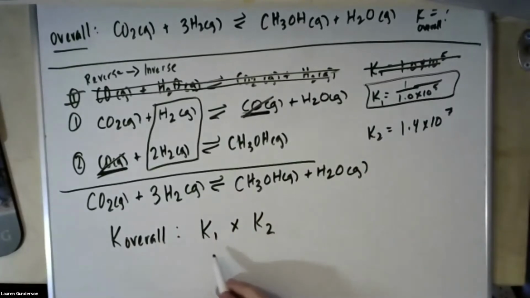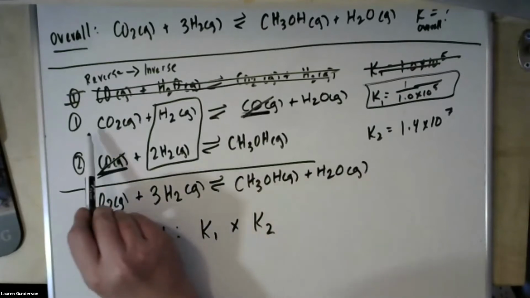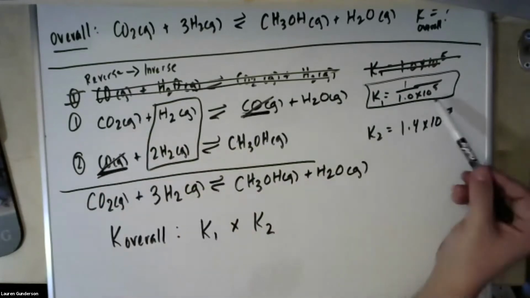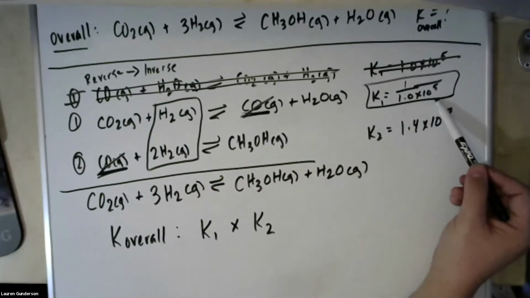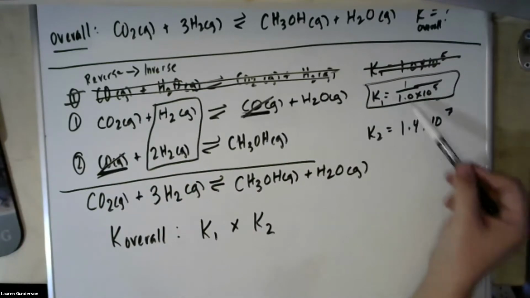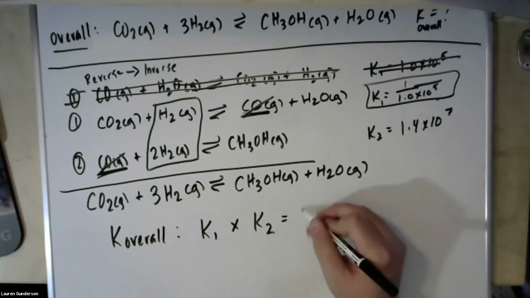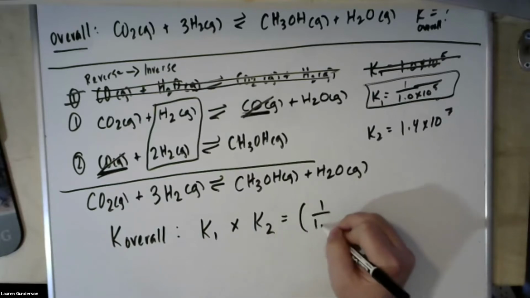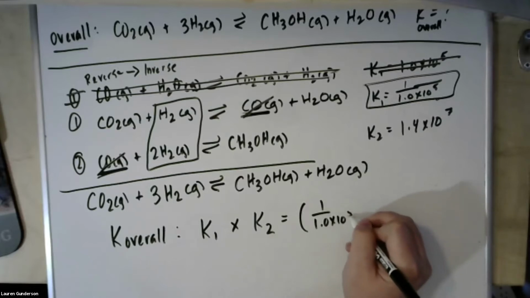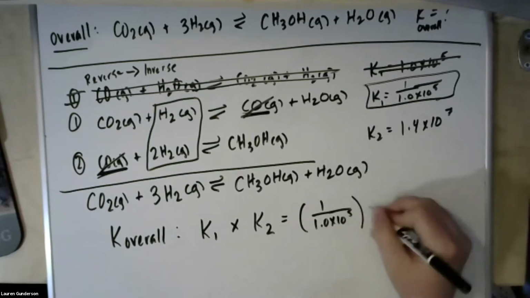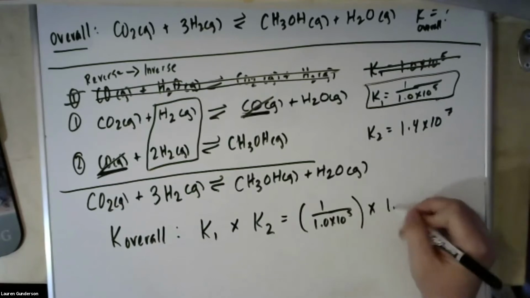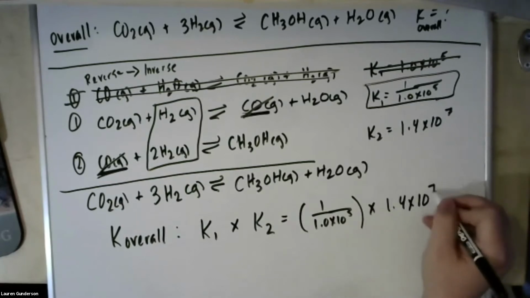And make sure that the K1 and K2 values you're using reflect any changes you made to the reaction. Right after we reversed this reaction, we altered the K value, so we've already done that step. So our K overall is going to be 1 over 1 times 10 to the 5 times 1.4 times 10 to the 7.